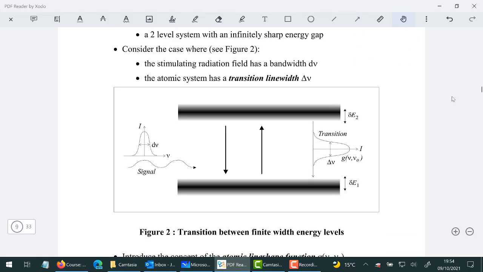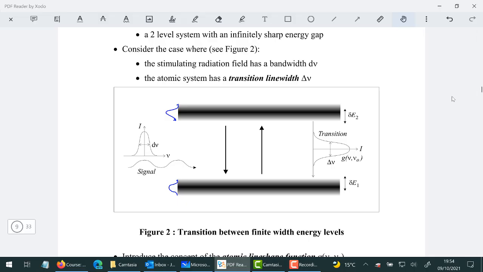So there is actually a distribution of values for E2, and similarly there's a distribution of values for E1. So what does that mean?